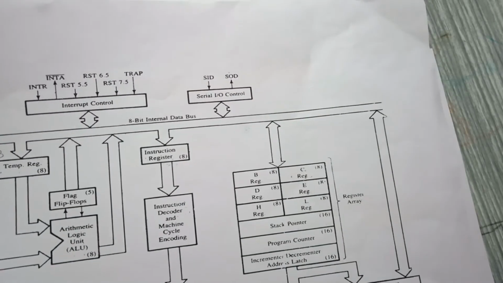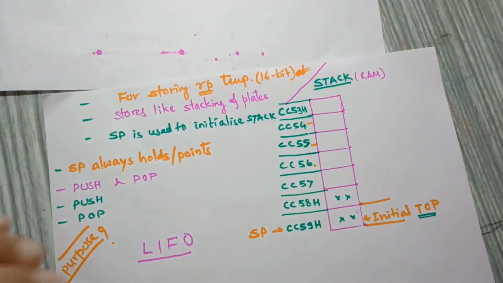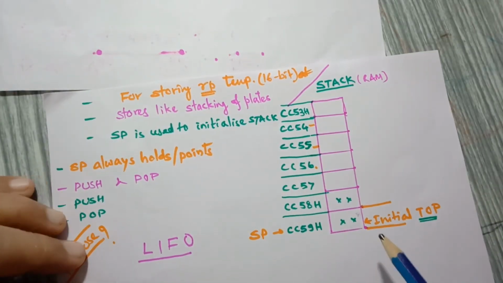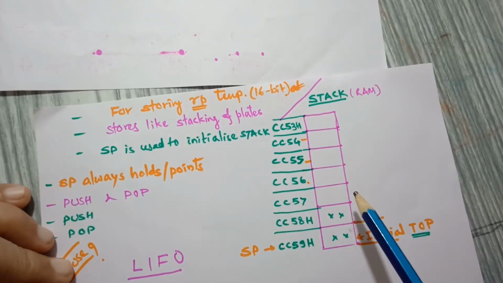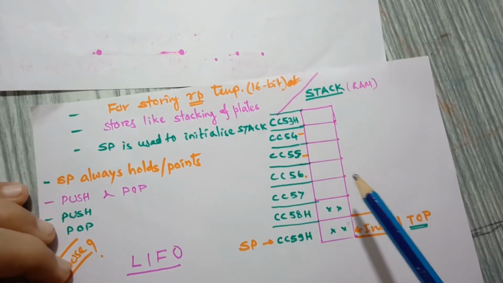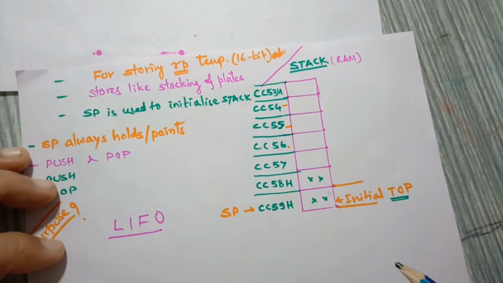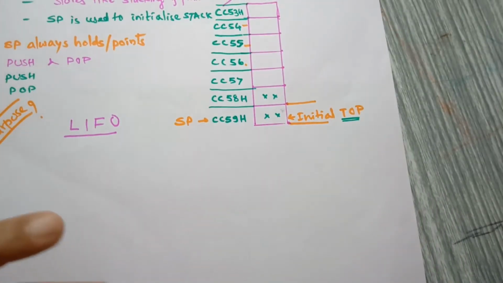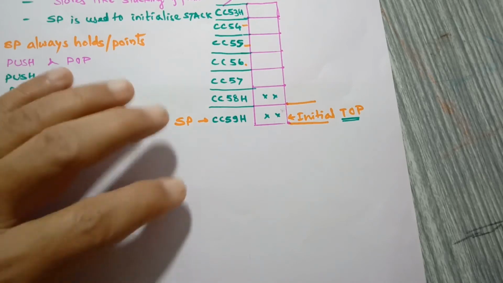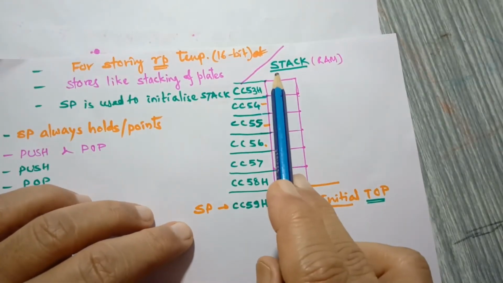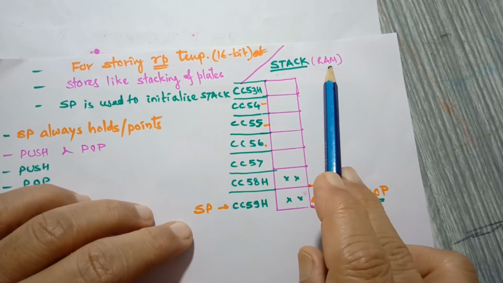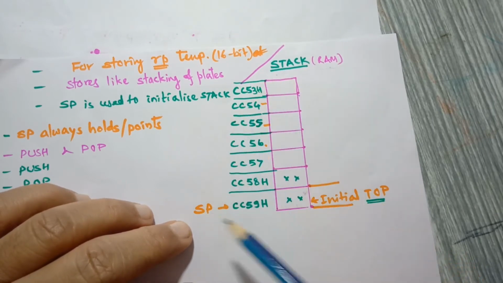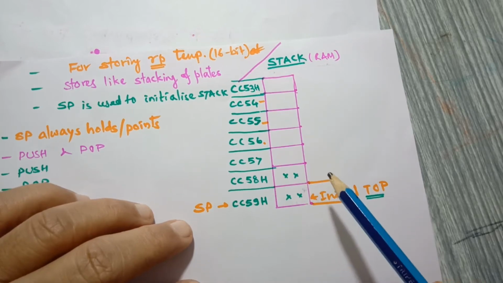It is called a stack because 8085 stores registers like stacking of plates. What is a stack? Stack in Marathi we can call a dhig, a gatta, thappi. So see that this is the stack and it is operated in the RAM and it has to be initialized in some part of the RAM.